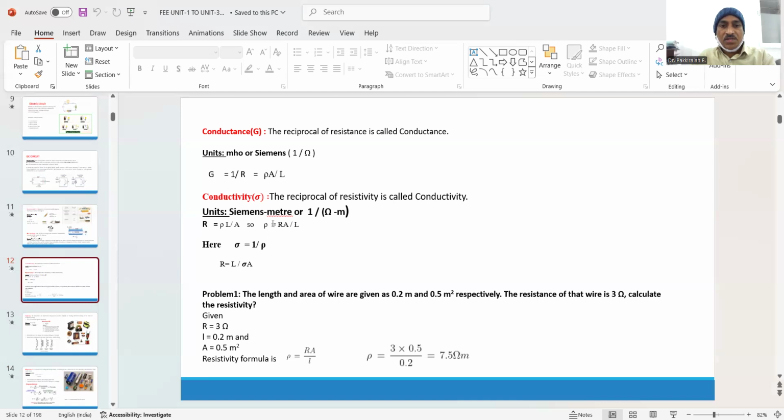Directly substituting in the formula, resistivity rho equal to RA by L. The given parameters are substituted as they are: R is 3 ohm, area is 0.5 meter square, and length of the conductor is 0.2 meters. After substituting, the final value of 7.5 ohm meter resistivity is obtained.